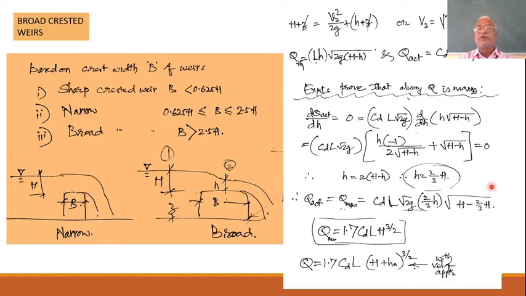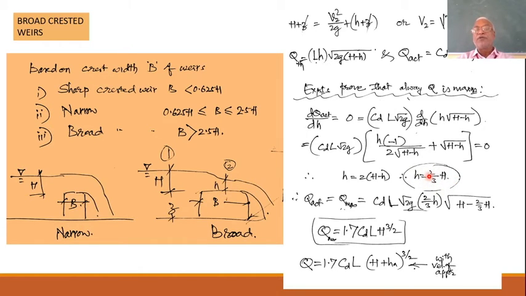If you go on simplifying, you will end up with h equal to 2 into (H minus h). Therefore h is equal to 2 by 3 times H. If you simplify this, 3h equals 2H. So this lowercase h becomes 2 by 3 times capital H.